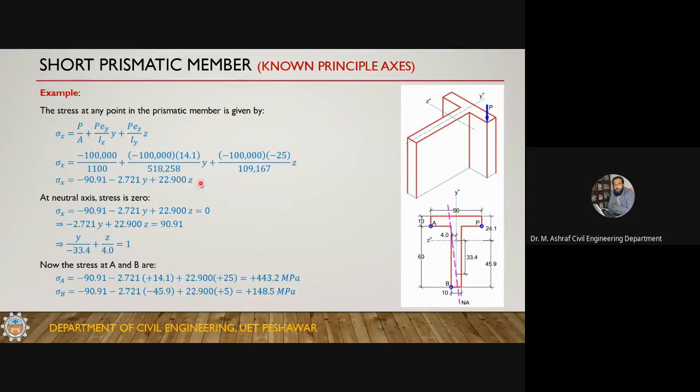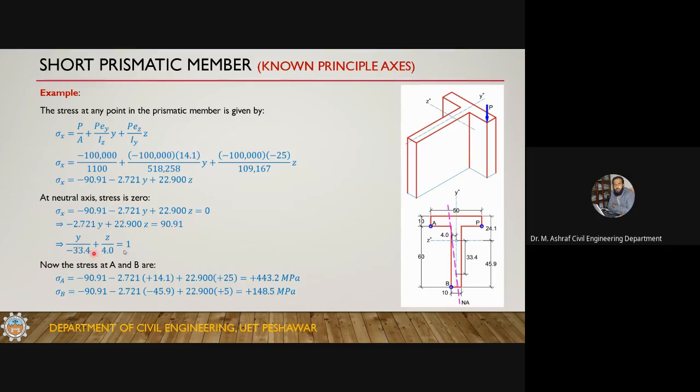If you look at this, this is the equation of a plane. You have two variables. Now from this equation of the plane you can get the equation of the neutral axis. If you plug in sigma x equal to 0 in this equation and simplify, this is the equation of the neutral axis.